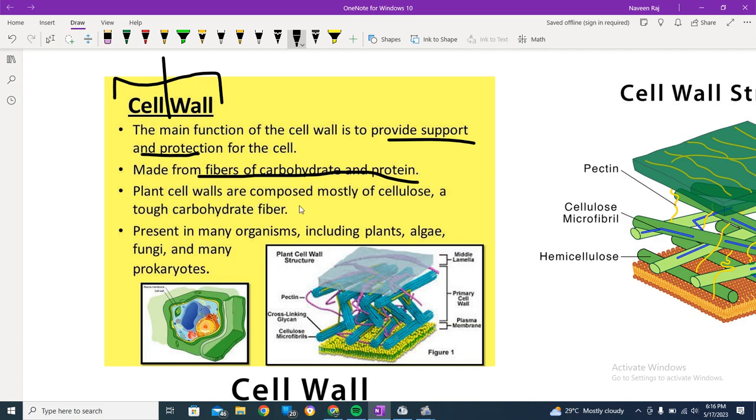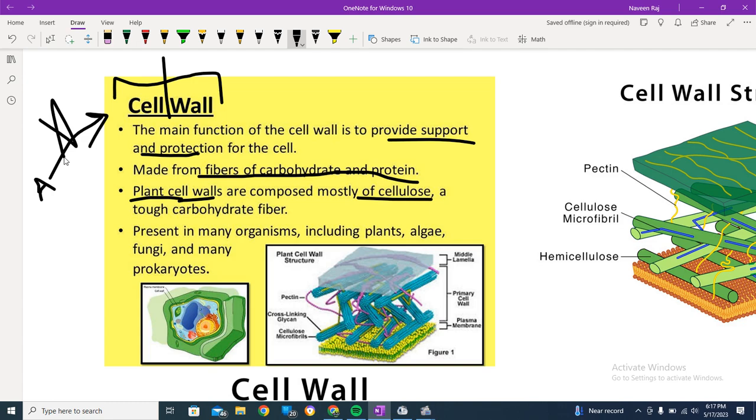Plant cells are composed of mostly cellulose. Here we have said that the plant's cell walls are composed mostly of cellulose, a tough carbohydrate fiber. Now remember that animal cells do not have a cell wall. They do have an outermost protection, the plasma membrane or the cell membrane, which is our next topic.